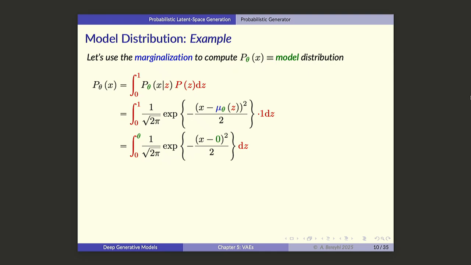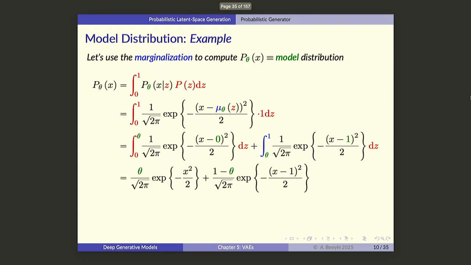And when I am in the interval theta to 1, mu is 1. Now I can compute these integrals, because the integrand does not depend on z. The integral of the first is simply theta times whatever the integrand is, and the second is 1 minus theta times the same thing. So that's, at the end of the day, this.